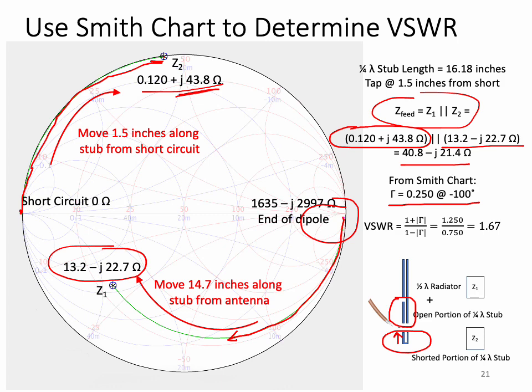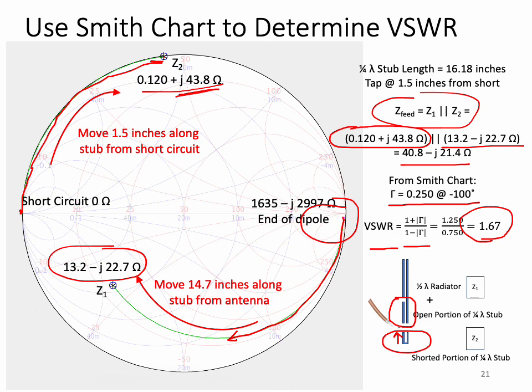Well, what's the standing wave ratio? The standing wave ratio then is equal to 1 plus the magnitude of the reflection coefficient divided by 1 minus the magnitude of the coefficient. So that's 1.25 divided by 0.75, or we end up with a standing wave ratio of 1.67 to 1. And so what we can do is we can do this for every single point along the bottom part of the stub.